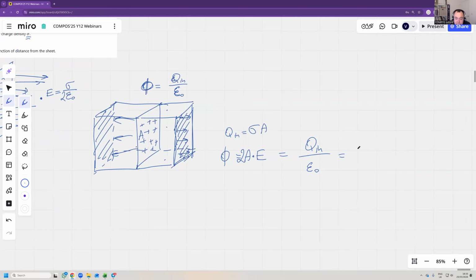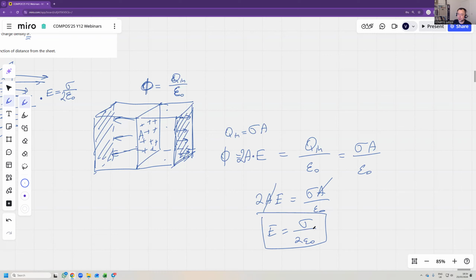And Q in is sigma A. So we have 2AE equals sigma A over epsilon naught. So A cancels, and we have the electric field, which is sigma over 2 epsilon naught. Hope that makes sense. This is Gauss's law.